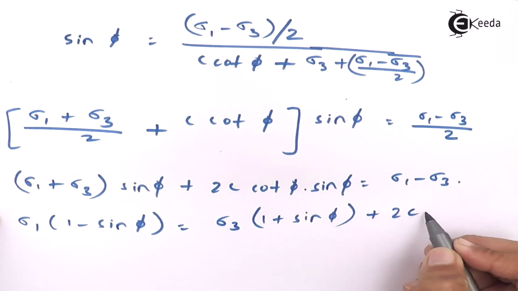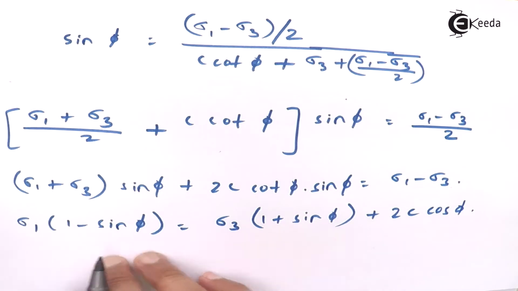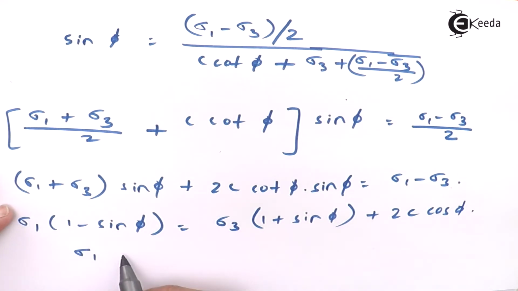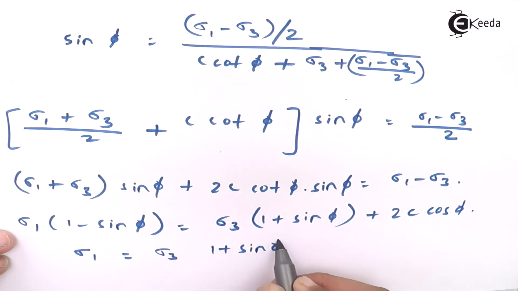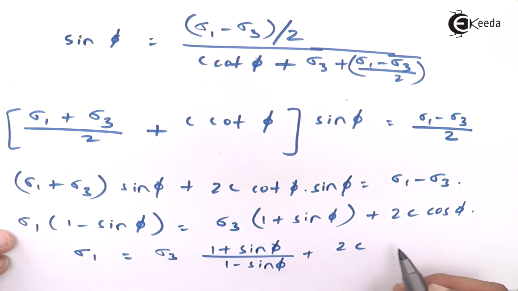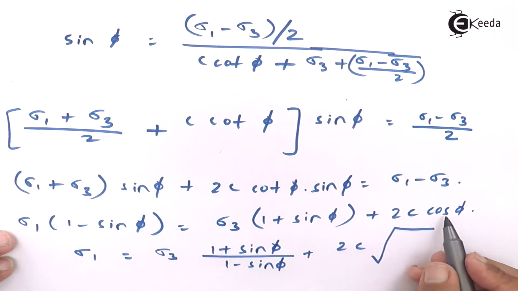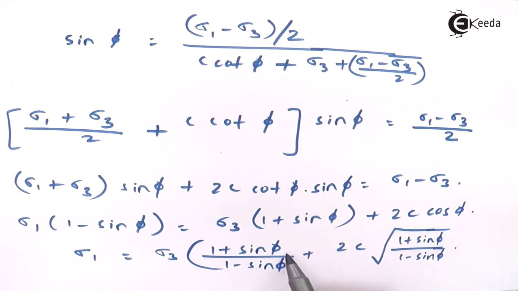Hence you will get sigma 1 equals sigma 3 into 1 plus sin phi upon 1 minus sin phi, plus 2C root of 1 plus sin phi upon 1 minus sin phi, and this is your total expression.